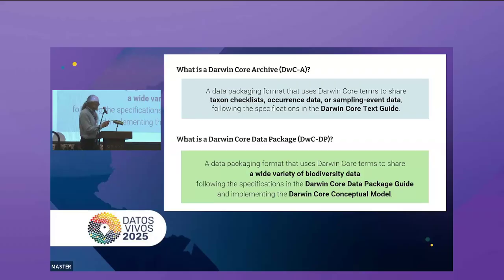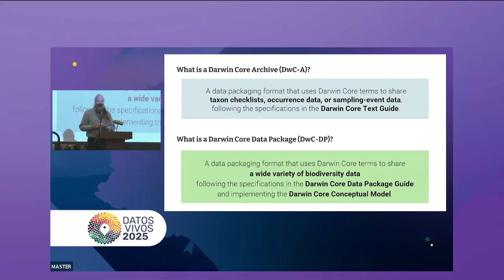And there is a proposed document for how to create Darwin Core data packages. That is this Darwin Core Data Package Guide. It's the exact corollary of a Darwin Core text guide upon which Darwin Core archives are made. So if we're going to make Darwin Core data packages, we're going to have to follow the Darwin Core Data Package Guide.